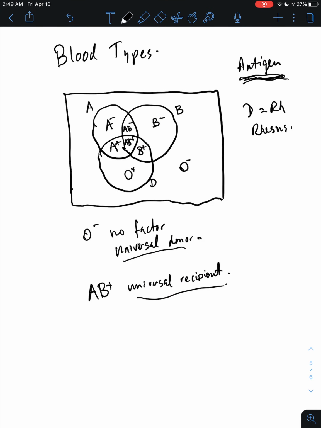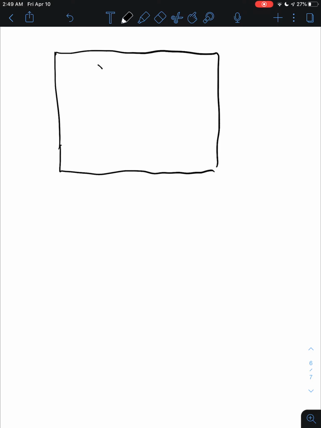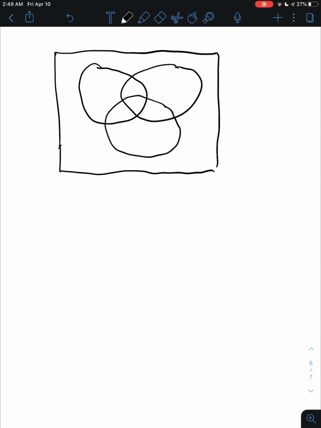So I'm going to draw another diagram here with the numbers, not the symbols. Here's my A, here's my B, here's my D. 46% have the A antigen.